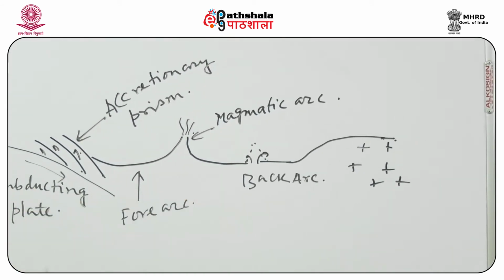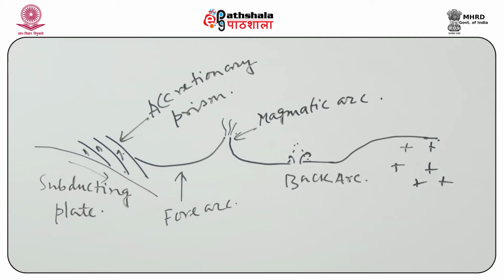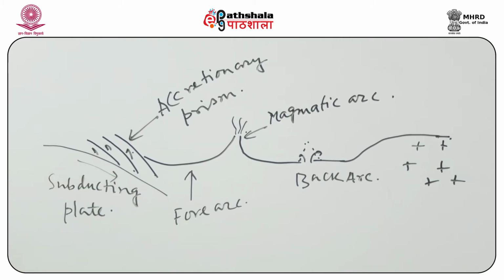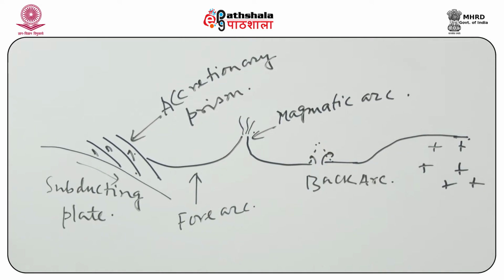Here I have drawn a cross section of the trench arc system. You can see this plate is going down, this is the subducting plate, and this plate is called the overriding plate.